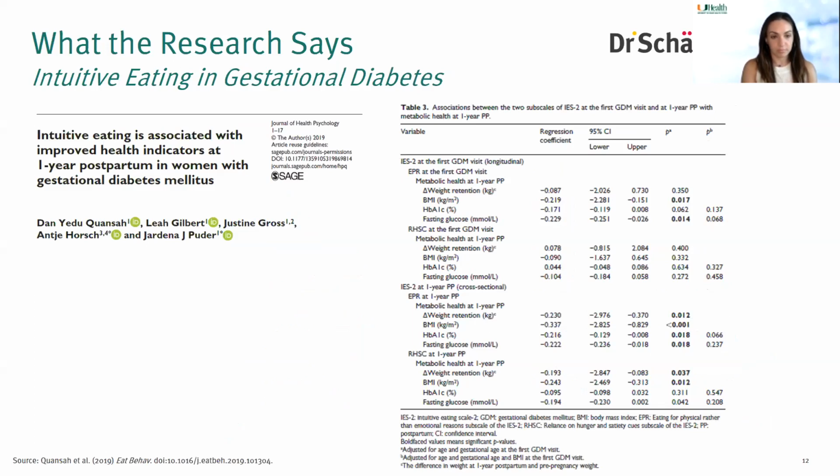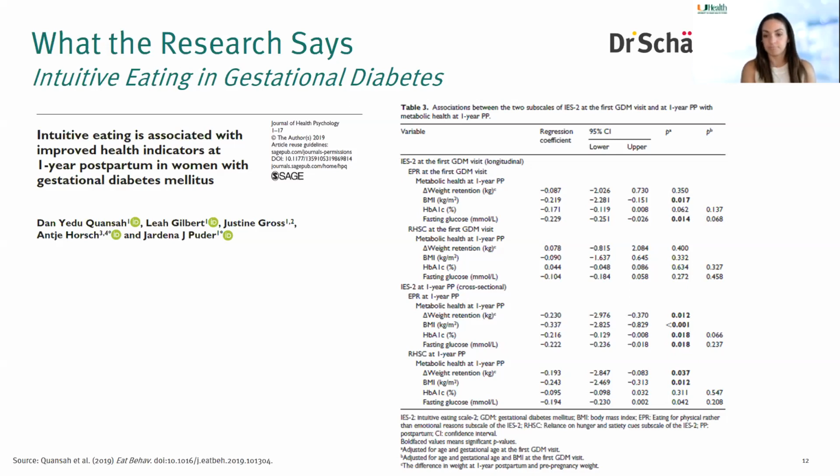This is another study that looked at intuitive eating during and after pregnancy with metabolic health at 1 year postpartum. So these women had gestational diabetes or high-risk gestational diabetes. This is another observational study out of France, and it looked at the same intuitive eating questionnaire in 117 women.